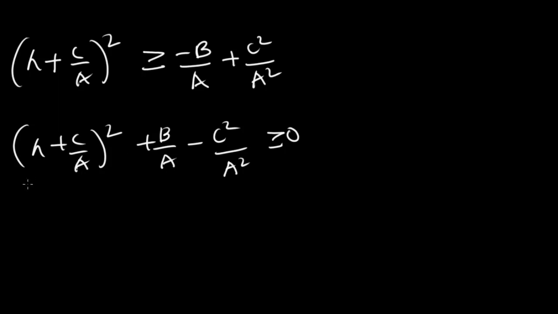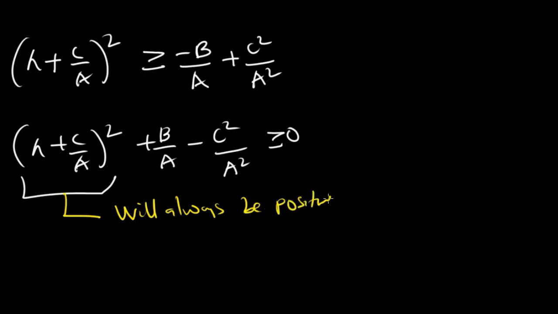So again, we know that this particular expression will always be positive because it is raised to the power of 2. Even if the expression inside the bracket evaluates to negative, the application of the square will still bring it back to positive. So we know that this will always be a positive answer.